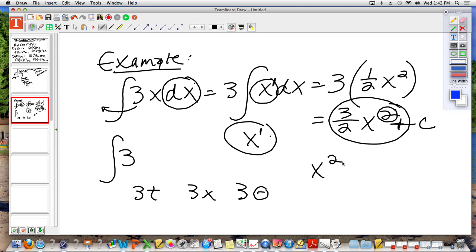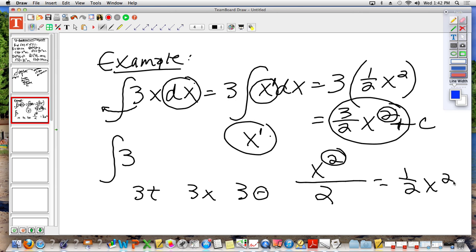Now I have to divide by whatever new power I came up with. I came up with a new power of 2, so I'm going to divide by 2. Do you see it now? So it's x squared divided by 2, which is 1/2 x squared.